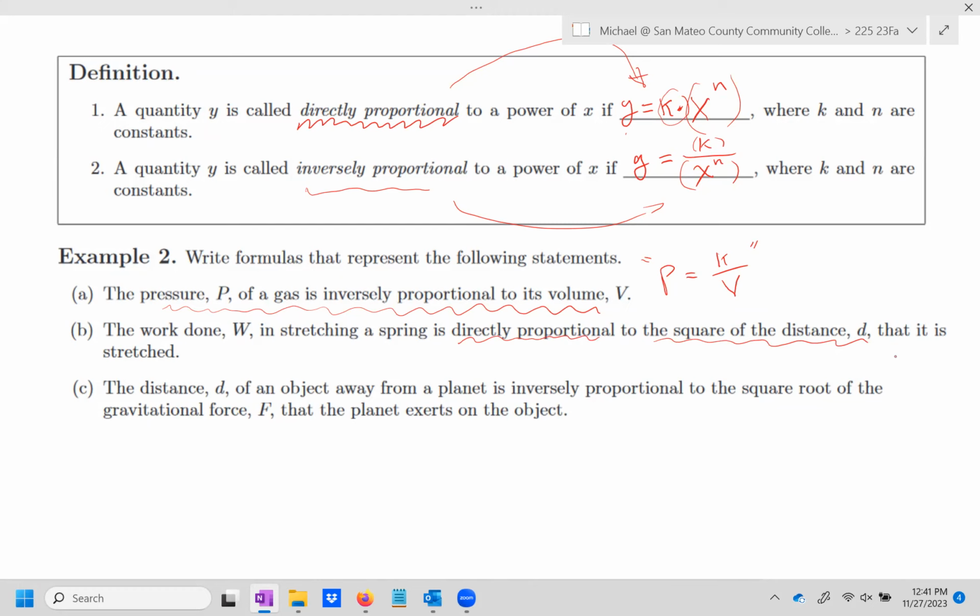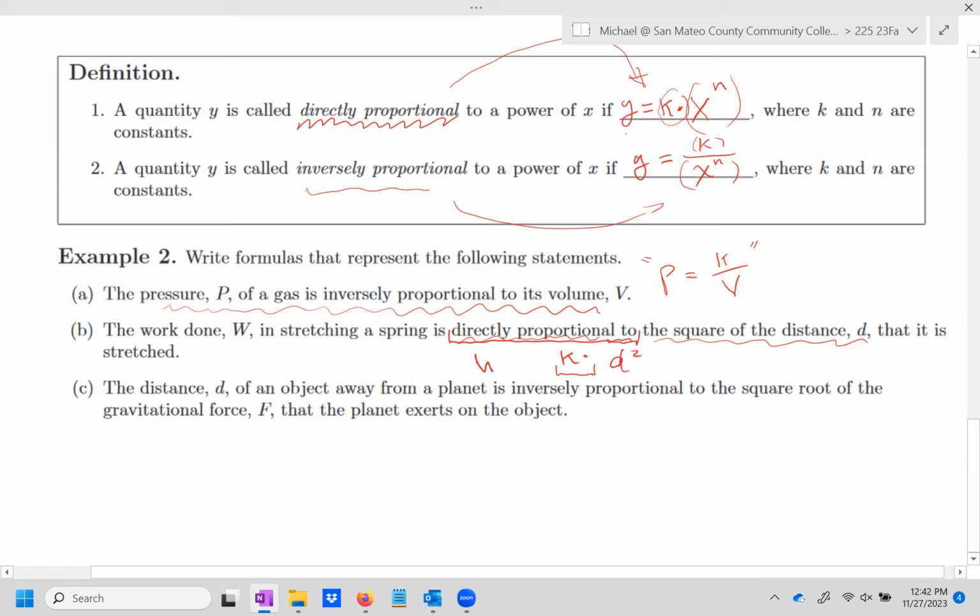But let's translate this one. Directly proportional to means K times the square of the distance D, which is just D squared.